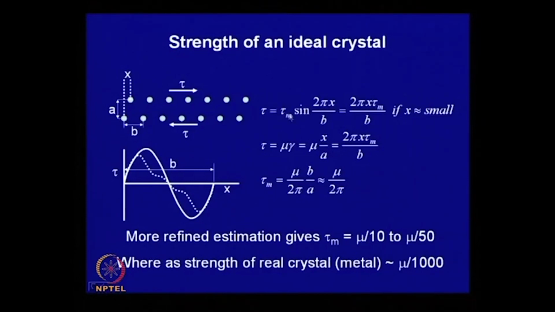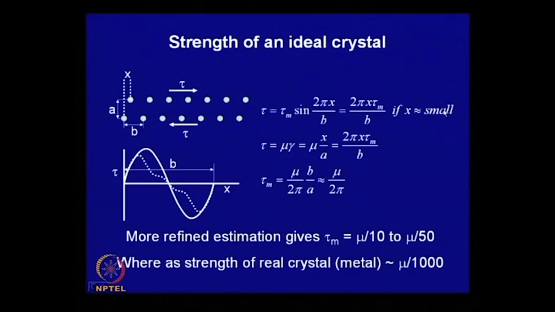So, this is the maximum value of stress that you need. You can say this is the yield stress or critical resolved shear stress. So, tau m is the critical resolved shear stress. It has a periodic nature, sin of 2 pi x over b. Now, for a small shear displacement, we can make the approximation sin theta equals theta.